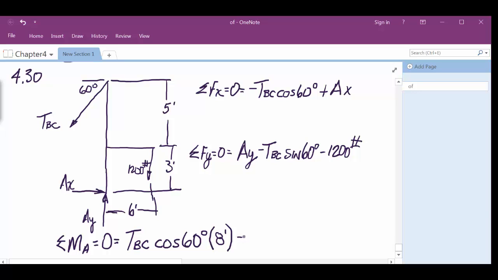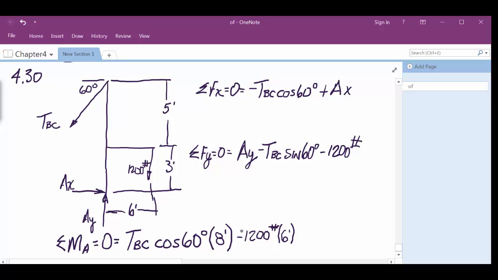Minus 1,200 pounds. Everybody understands why it's 8 feet, right? If you don't, it's 3 plus 5. It's the x component, right? Okay, 1,200 pounds, and it is 6 feet away from A.